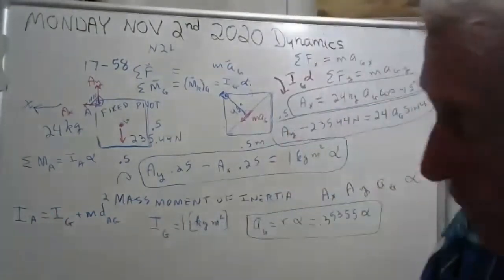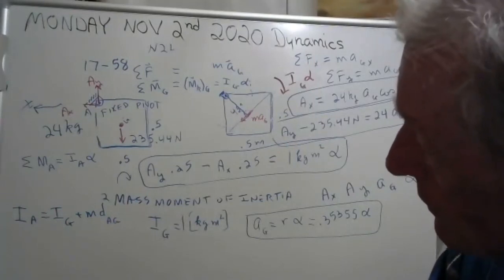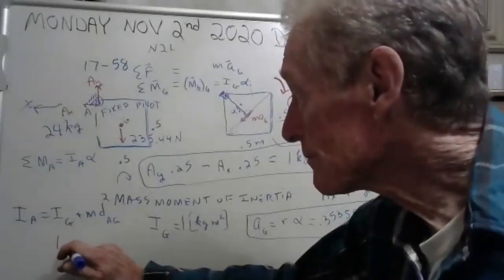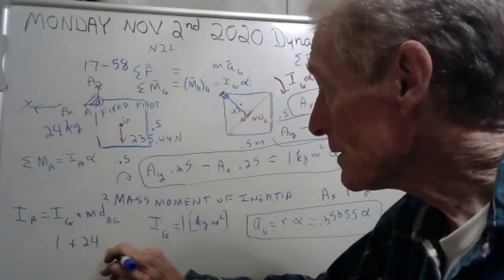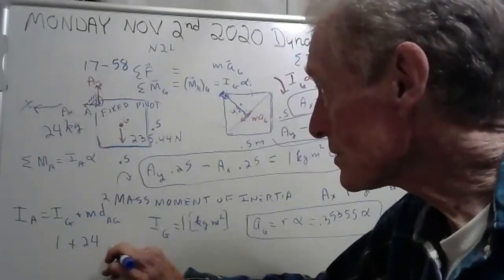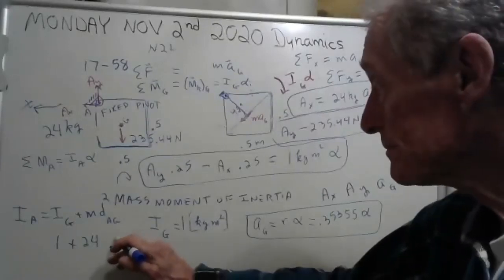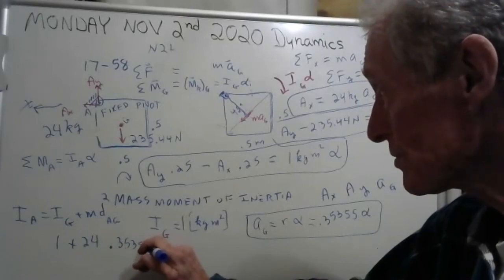It's called the parallel axis theorem. Now we know IG, it's 1. The mass is 24 kilograms, and that distance we just figured out is 0.35355, but you have to square it now.